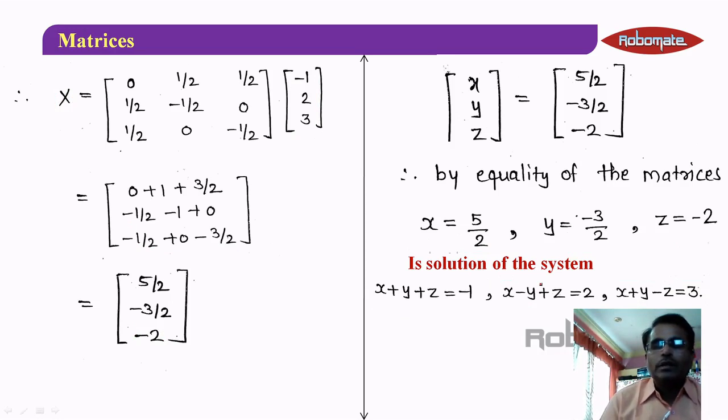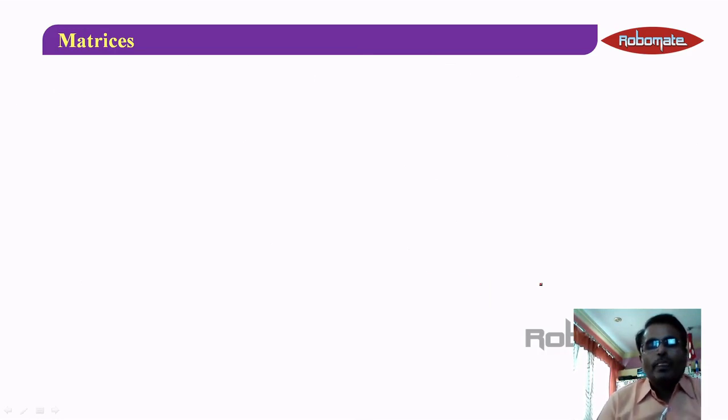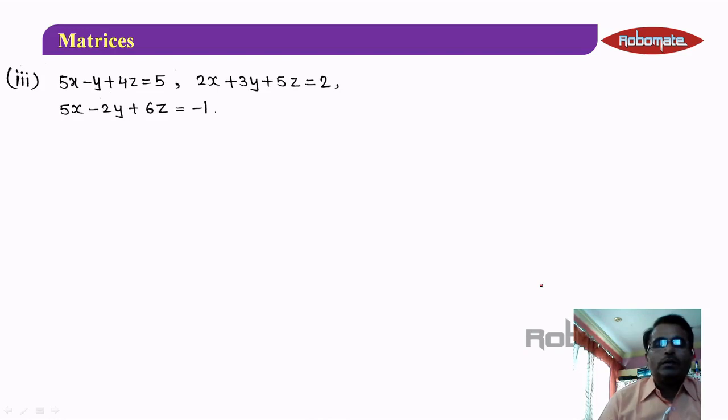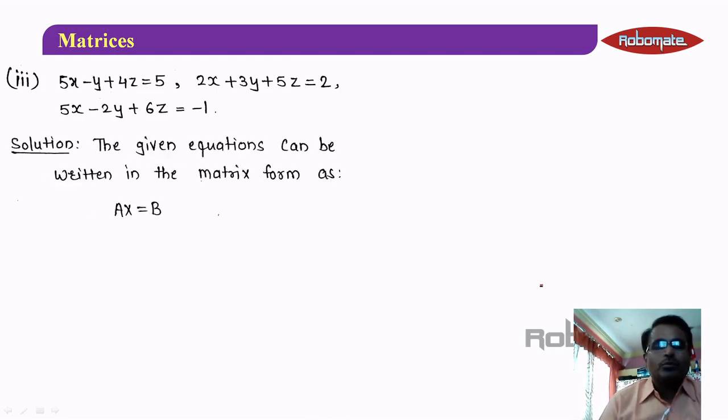Is it clear? Similarly, we can consider the next. Here again we have a system of three equations in three unknowns. Let us see what type of solution we are getting.